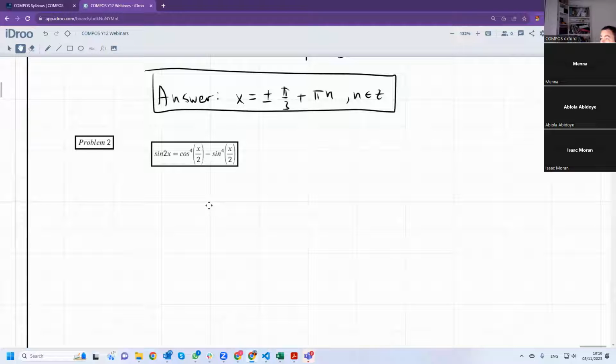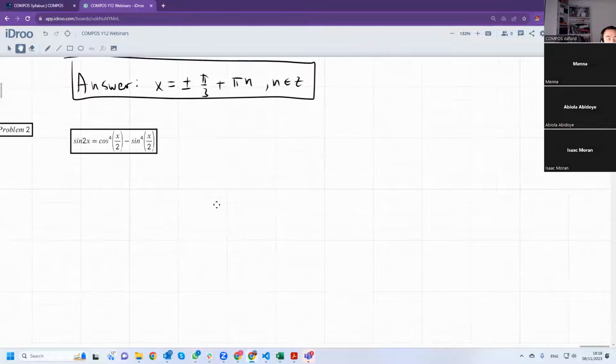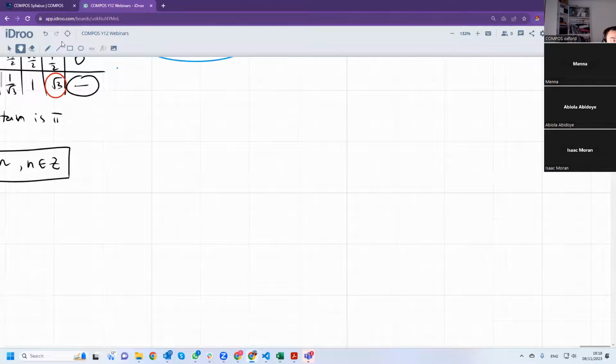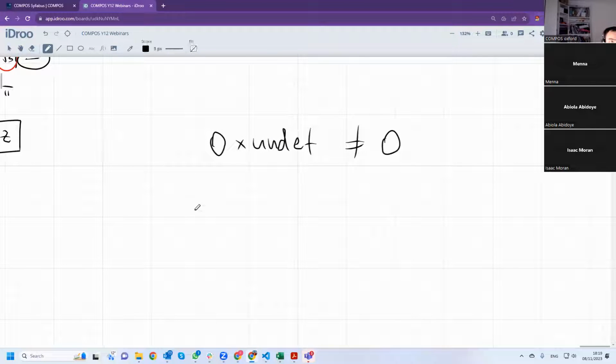Zero times undefined is not 0. No. Because 0 multiplied by undefined is not 0. I'll show you why. It's a very good reason why.